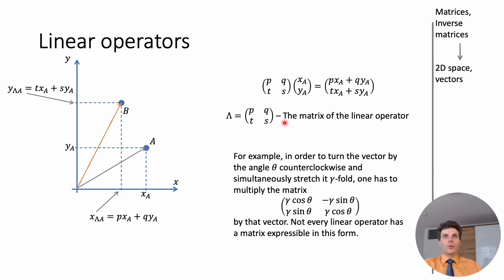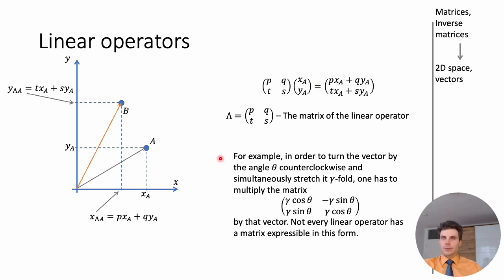It is not the only way a matrix can be used. Sometimes matrices are used for other reasons in other formalisms, but using matrices as a representation of a linear transformation is definitely one of the most common ways of using matrices.